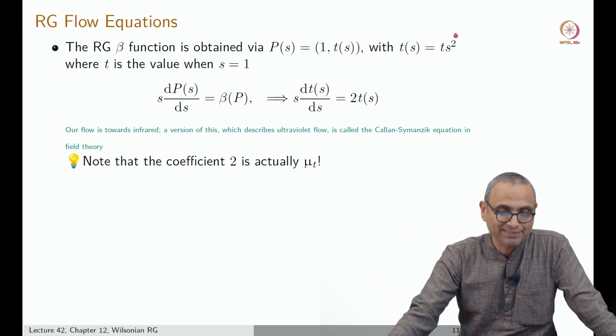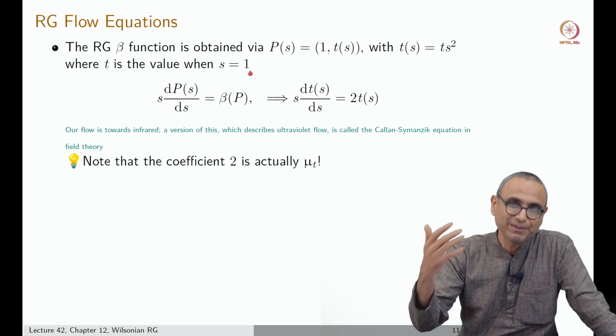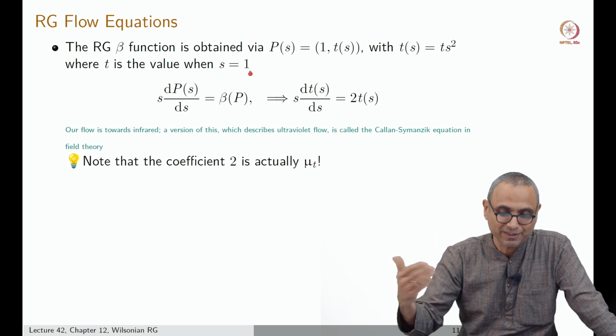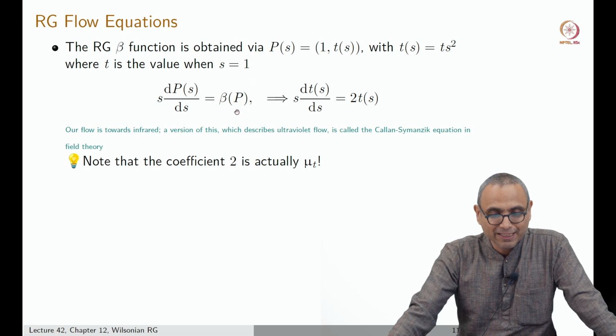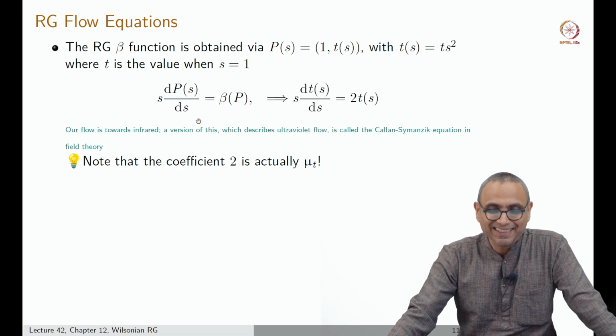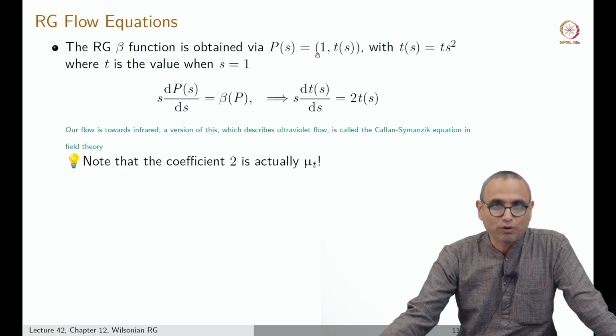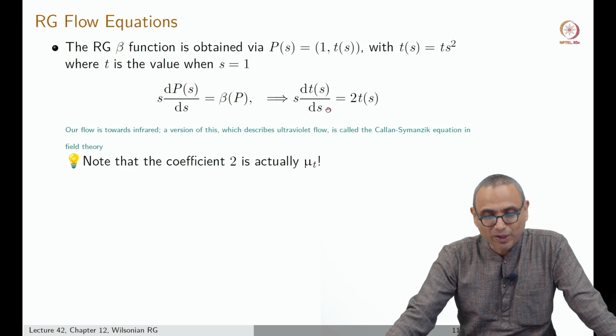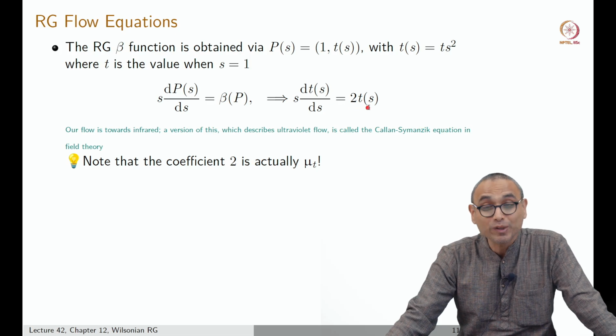S equal to 1 means we have just started, we did not do anything to the starting theory. So this is the formal definition of the beta function, and now you will see that of course 1 will not flow, and this quantity here, S dt by dS, is 2 times t of S.